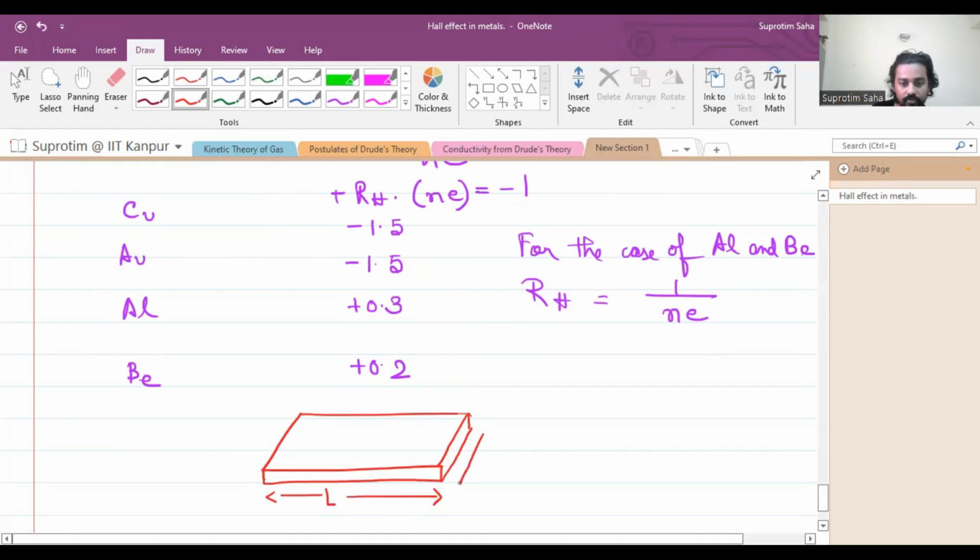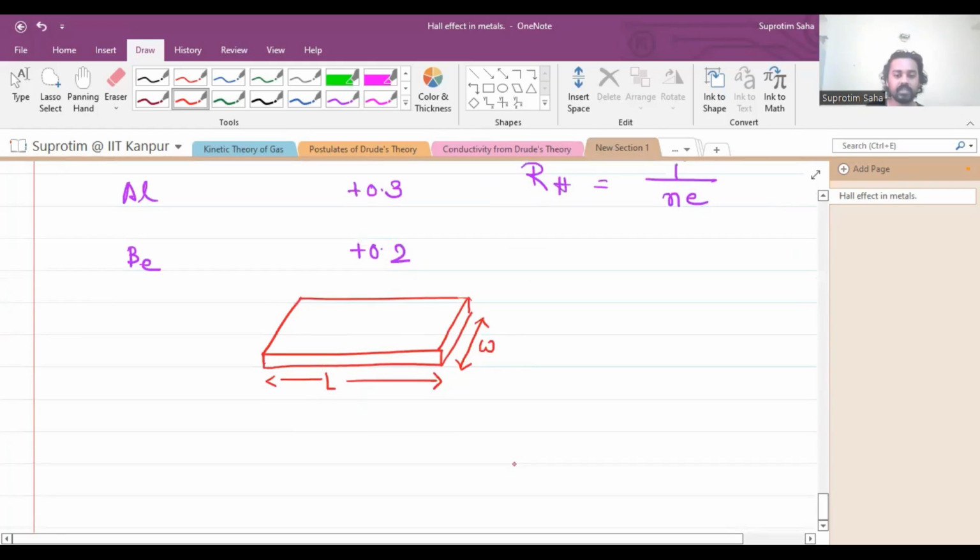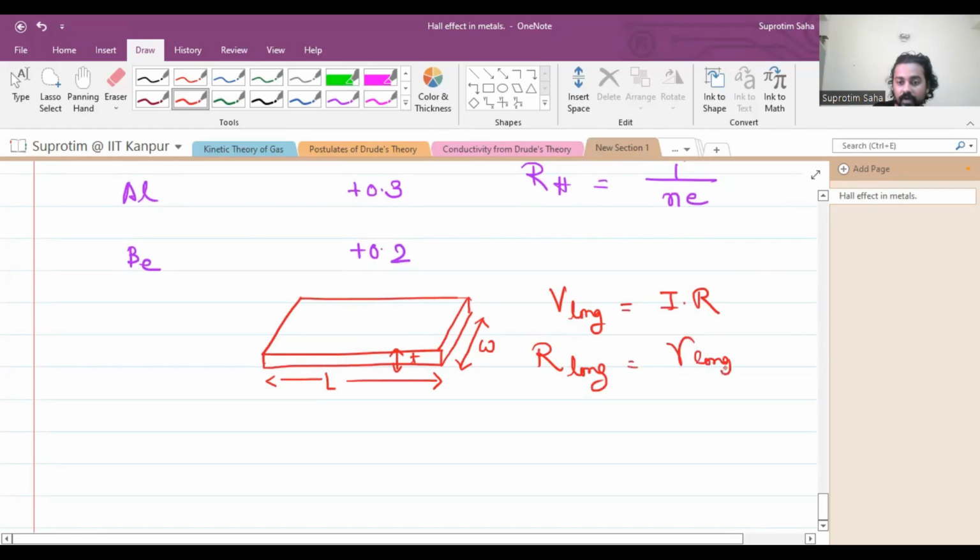This is the width of the sample. So the normal voltage, the longitudinal voltage, V longitudinal, is given by I times R. So R longitudinal is equal to V longitudinal by the current you sent.